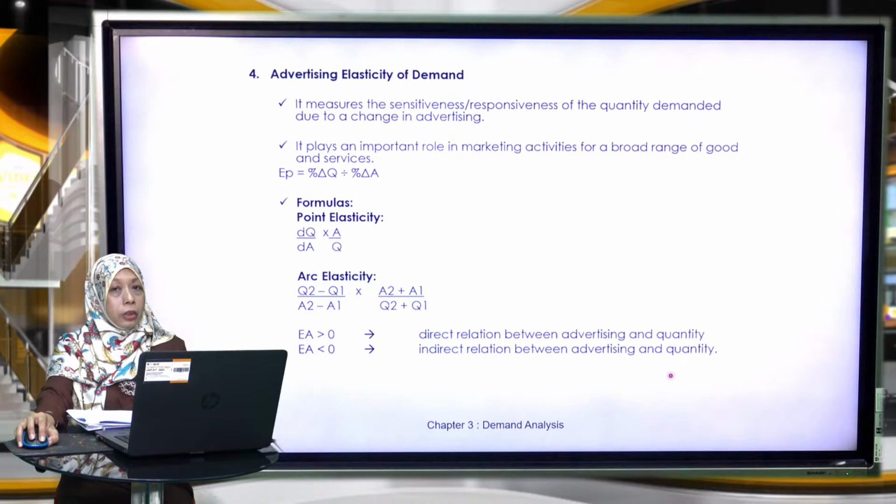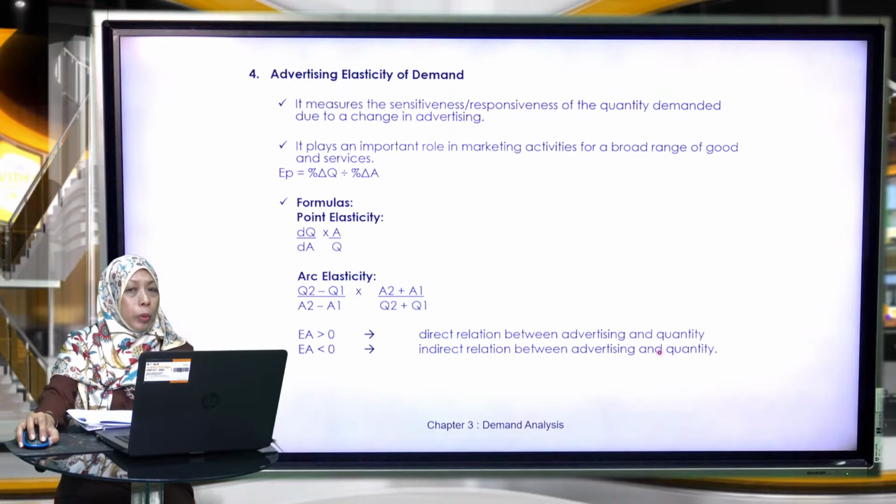As you increase advertising expenditure, the quantity demanded for your product tends to decrease. This is an indication that there is something wrong with your advertising medium, so you may want to review your advertising strategy.